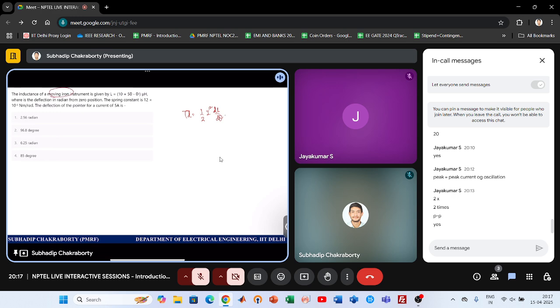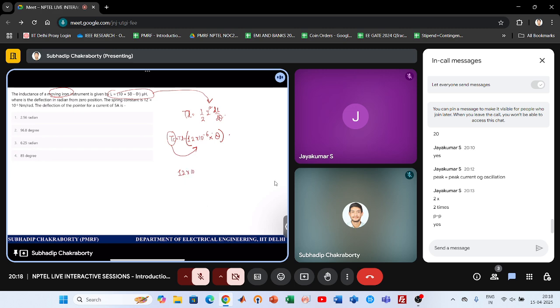The moving iron type, and the inductance variation with respect to theta is given. So at any point theta you can calculate, right? If I give you L as a function of theta, then you can differentiate it. And the control torque is already given. So Tc equal to Td equal to 12 into 10 to the power minus 6, multiplied by theta. Theta is not known.